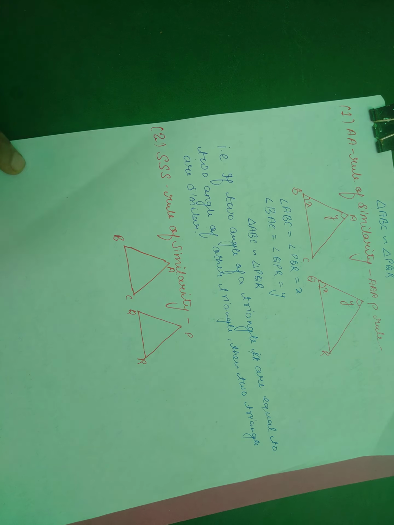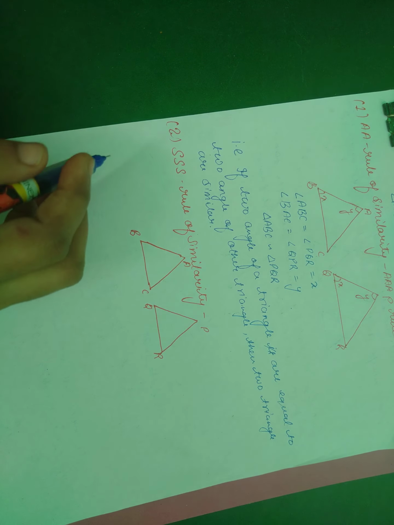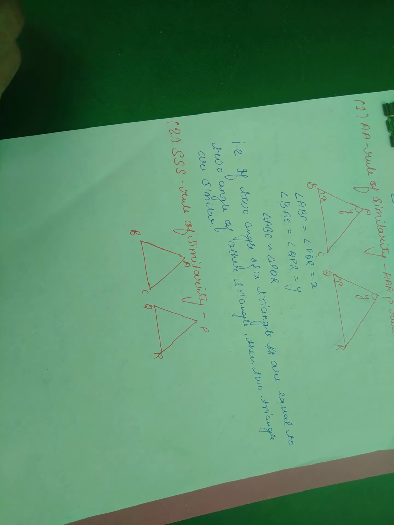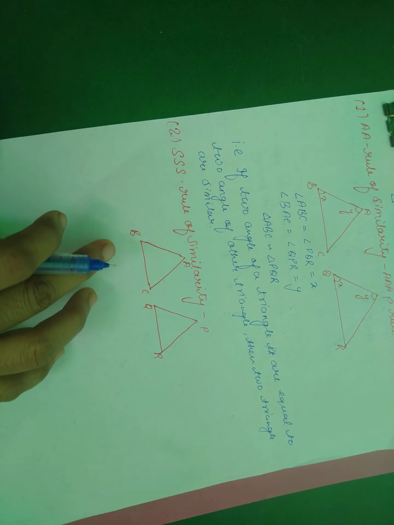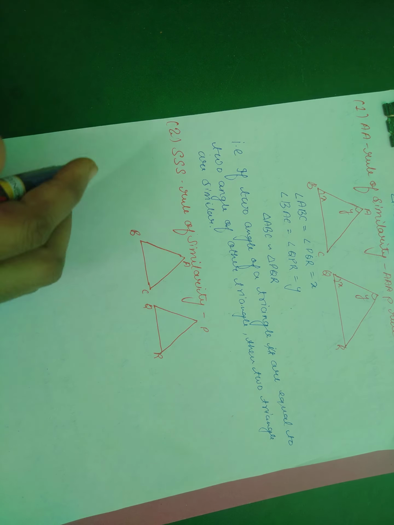So by the definition of side side side, if three sides of one triangle are proportional to three sides of another triangle, then the triangles are similar, right?